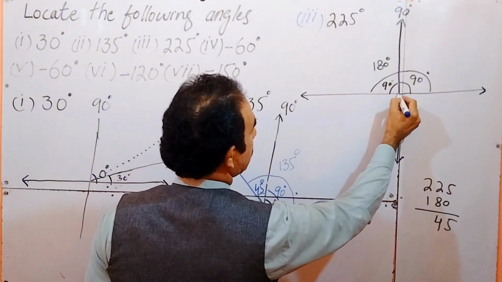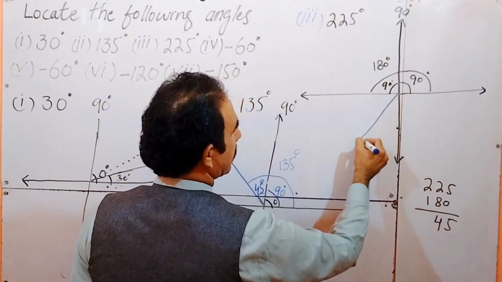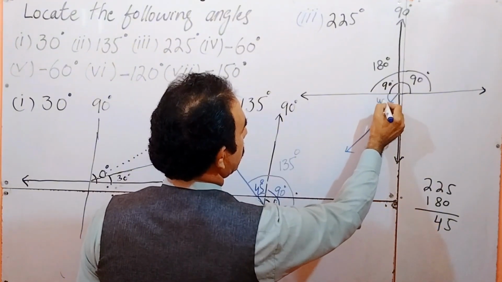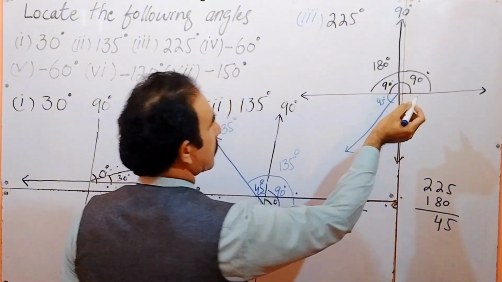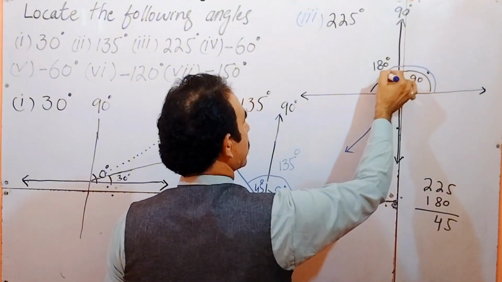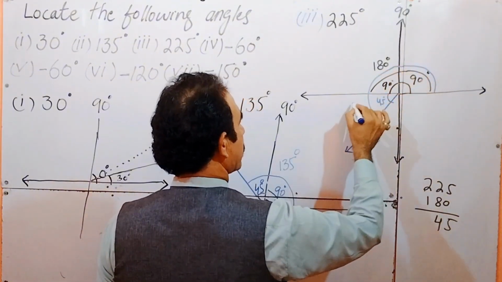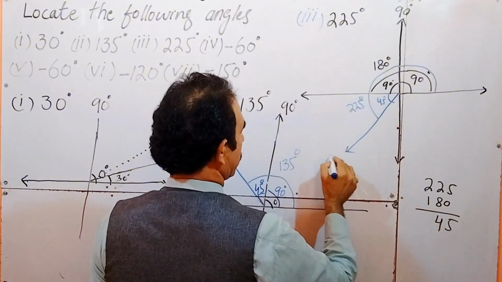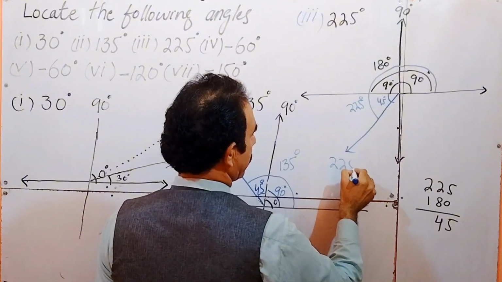We draw here angle of 45. Now our total angle from here is 225 angle.